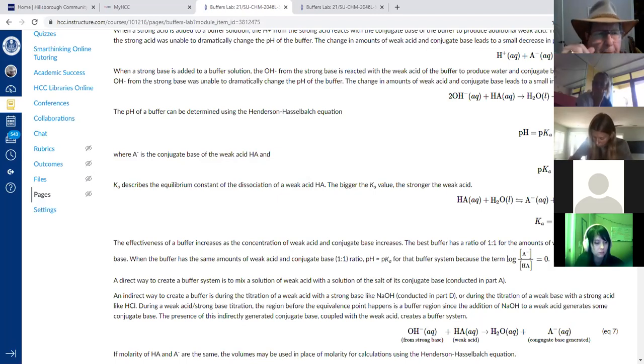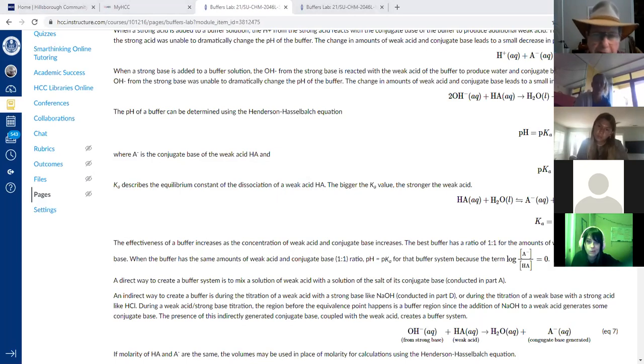In order to make a buffer, don't the conjugate acid and conjugate base have to be in the same solution? They have to be in the same liquid, right? So if they're in the same liquid, they have the same volume. Look what that does to this part of the equation.